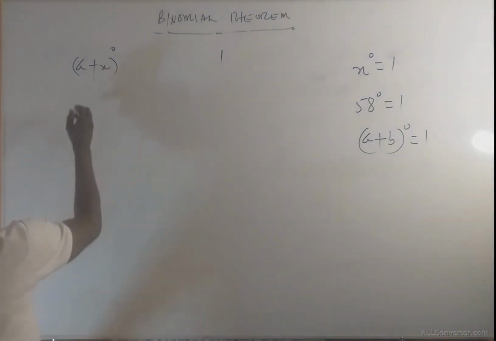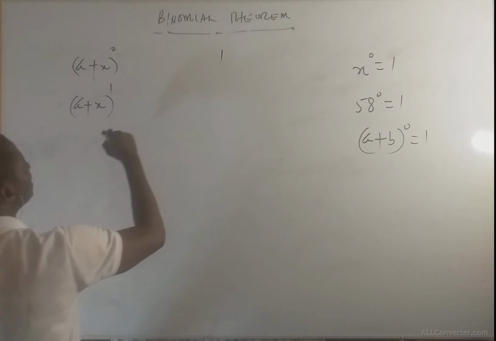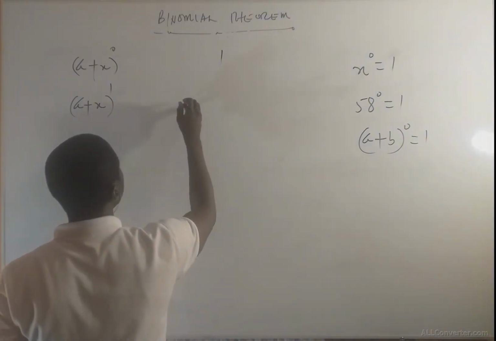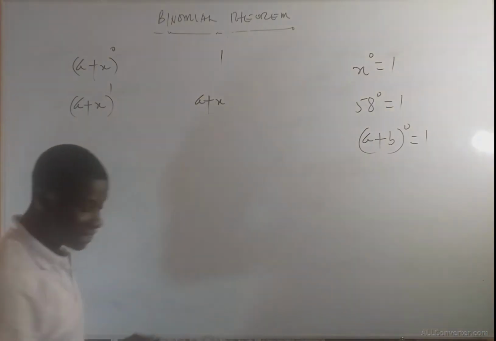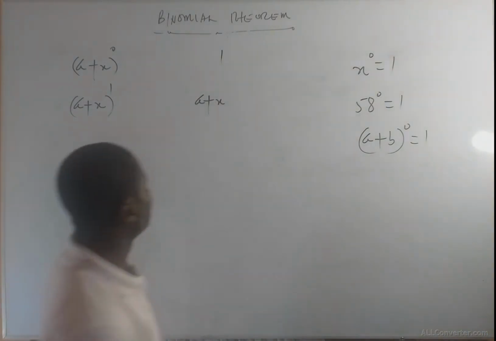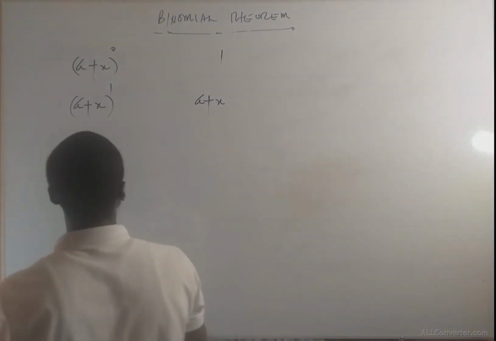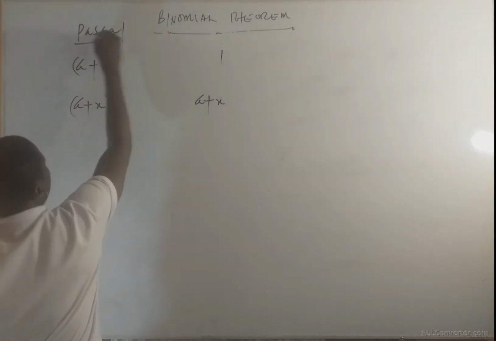Then if you have a plus x exponent 1, this will be the same as a plus x. I'm trying to generate the triangle. So what we are looking at is what we call the Pascal triangle.